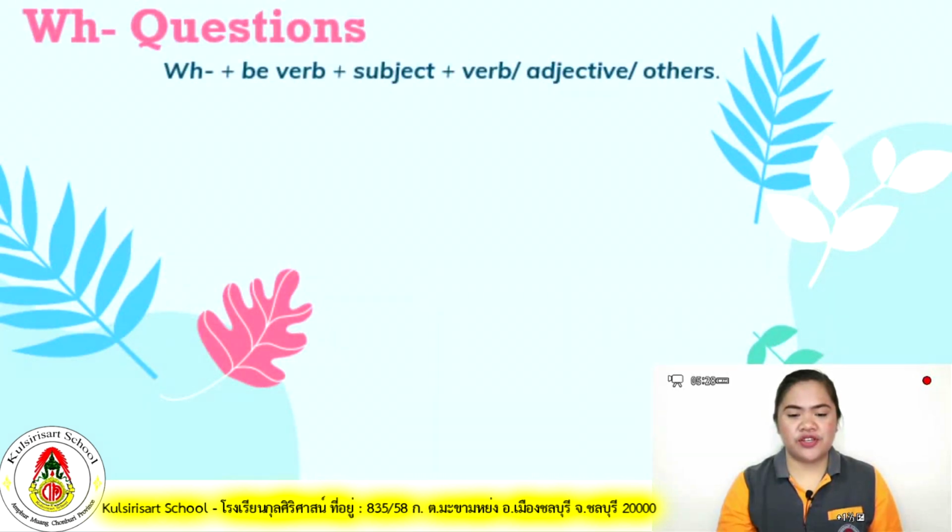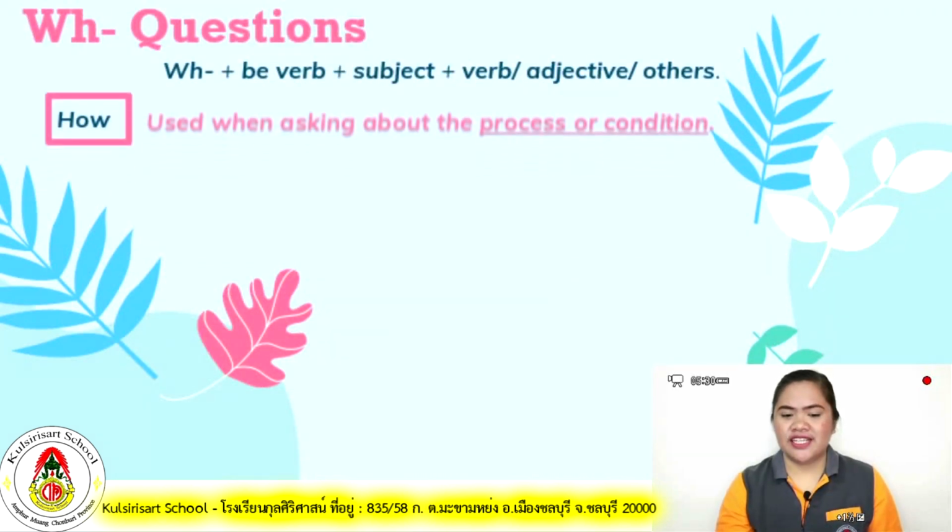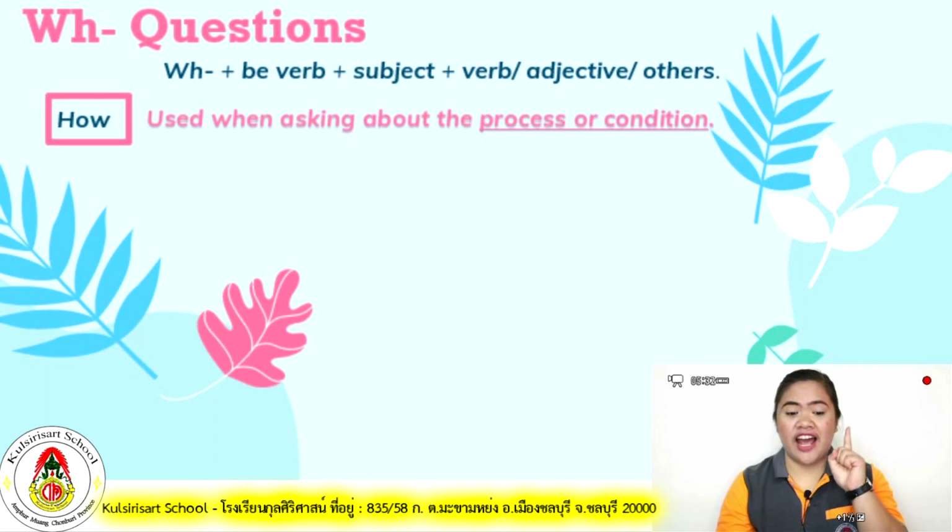Okay, so let's proceed to the exception from the WH. It doesn't start with WH, but this is included when talking about WH questions. This is how. Say it with me: how, how, how.